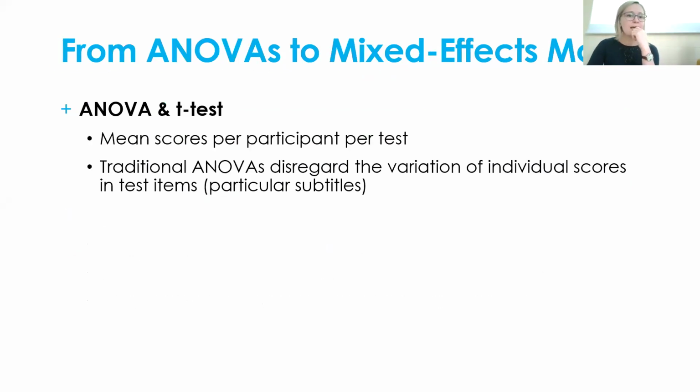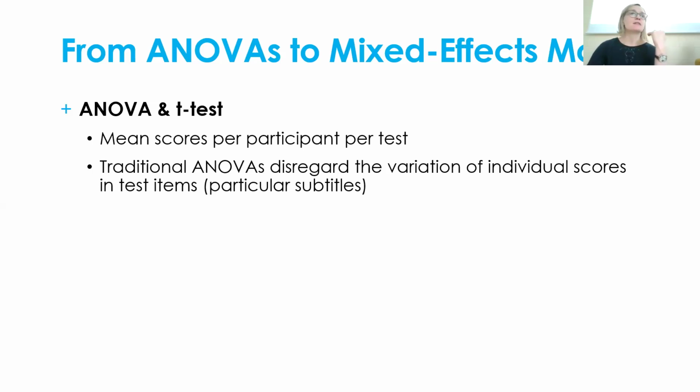And if you think about that, maybe in some studies, in some tests, depends what you're doing, it's enough. It's okay to have this 1 value, but in reading studies, particularly with reading subtitles, what we are doing is we are really disregarding the variation that we have between different words.